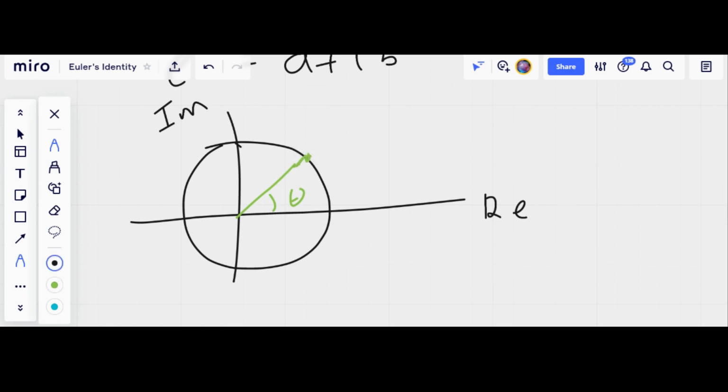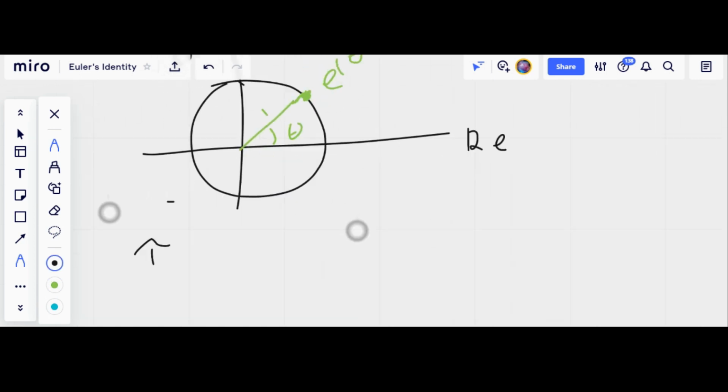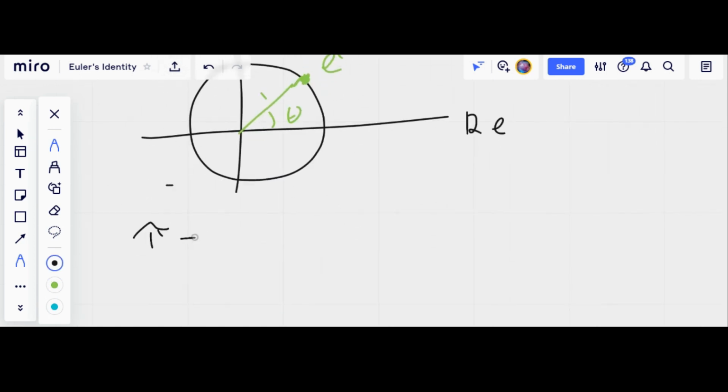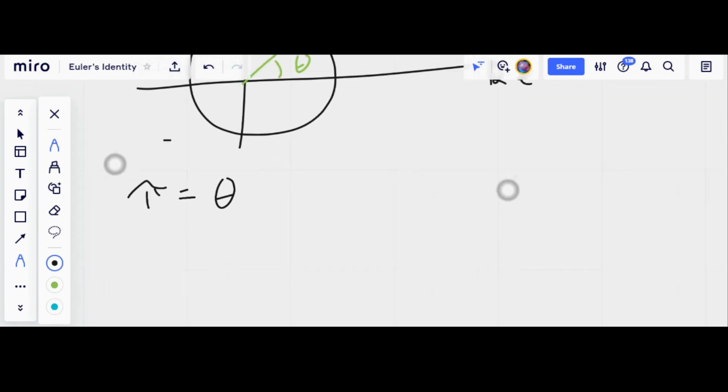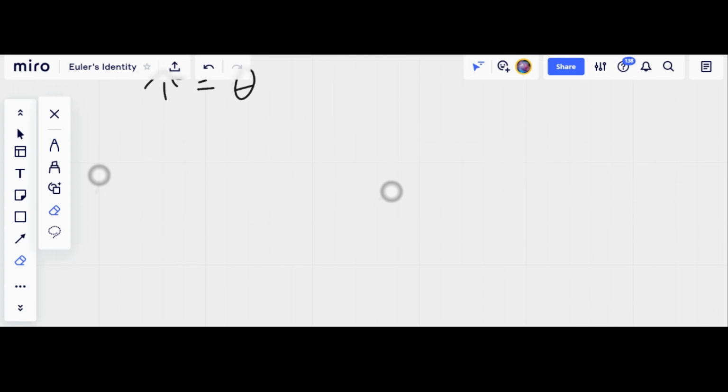This point right here, I'll try to emphasize it as much as possible, is going to be of length 1, by the way, and can simply be expressed as e^(iθ). Let's look at the case of when θ is equal to π. Now, we all know that this is 180 degrees.